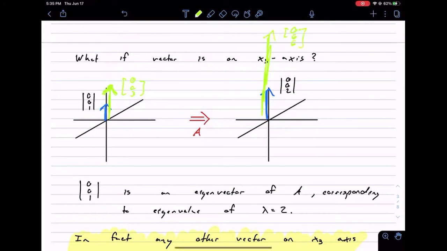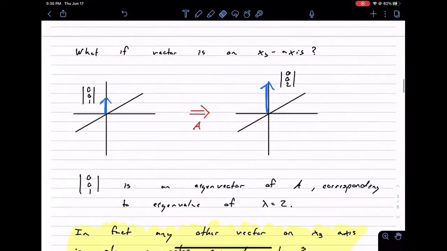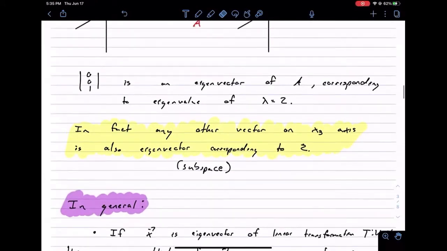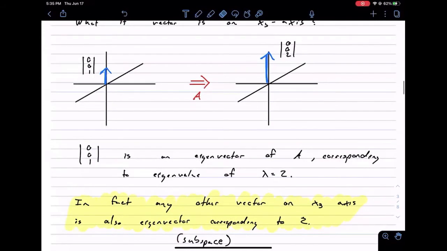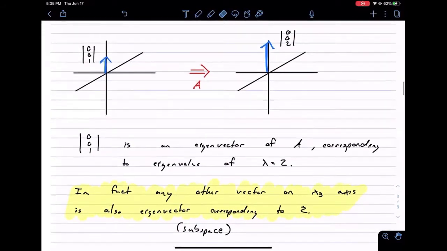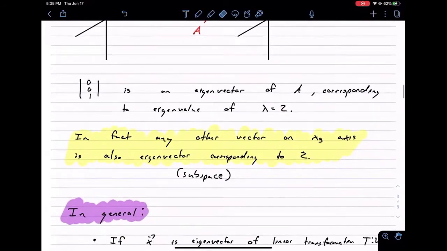So any vector on that same line is also going to be an eigenvector, and it's going to be an eigenvector for that same eigenvalue. So what we're going to end up with is a subspace. The eigenvectors are going to give us a subspace.